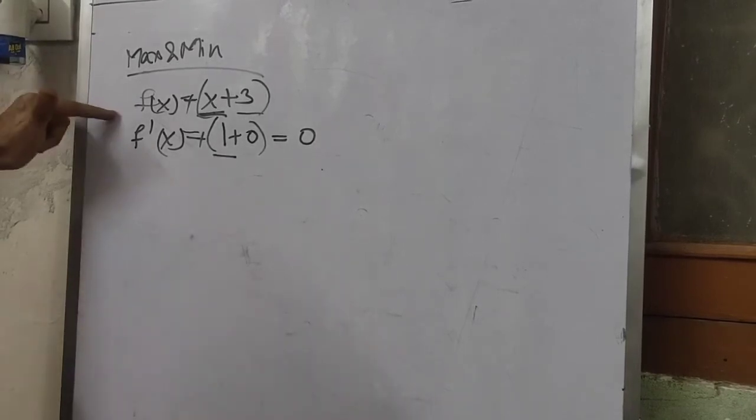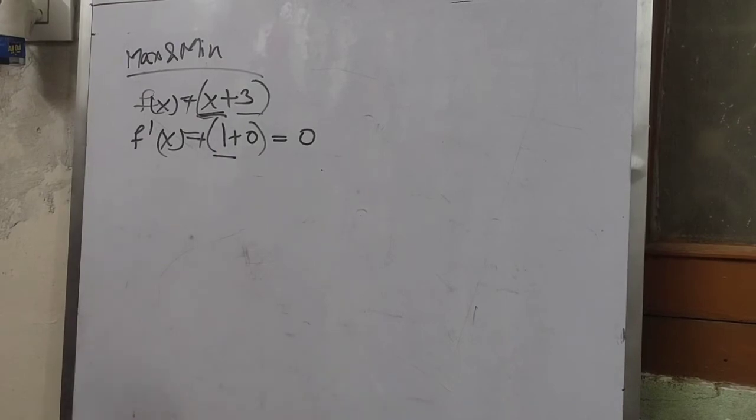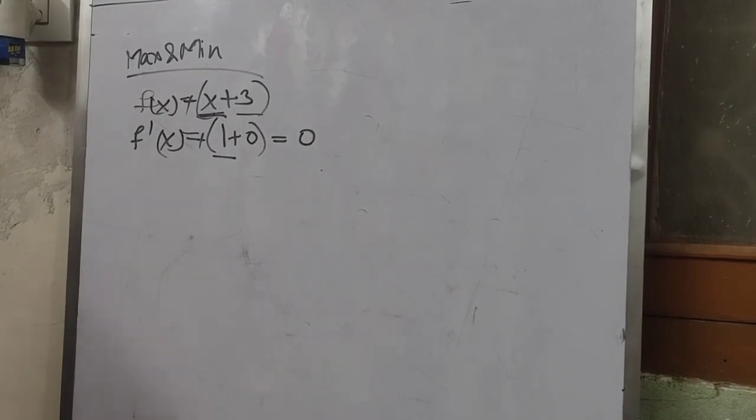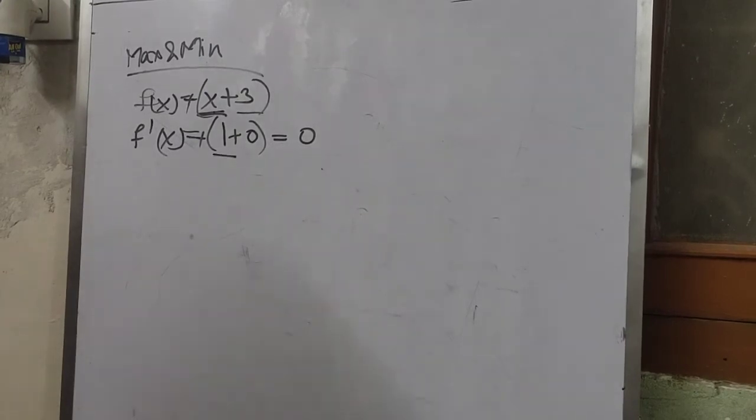Whenever you are taking f dash x, just remember, first of all, you will take the function and differentiate it with respect to x, and then the next step is taking the critical points, that is the values of x wherever they exist. Now what next will we be doing?